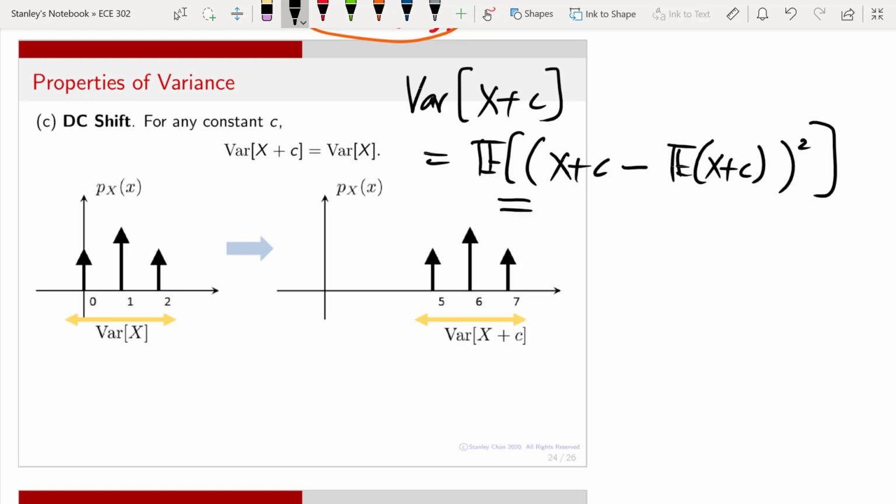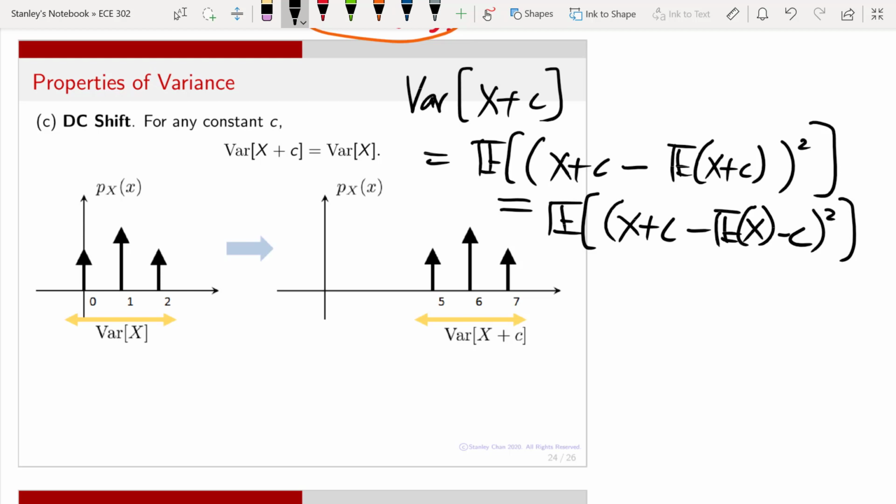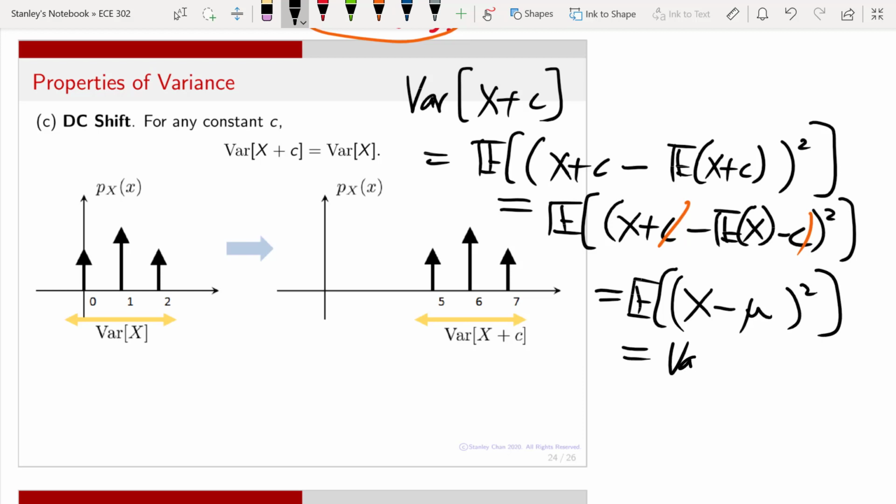And so you can see that this is expectation of something squared, and this is X plus c minus expectation of X, and then minus c. This c and that c will cancel out, and so you will be left with expectation of (X minus mu) squared, which is the variance of X.